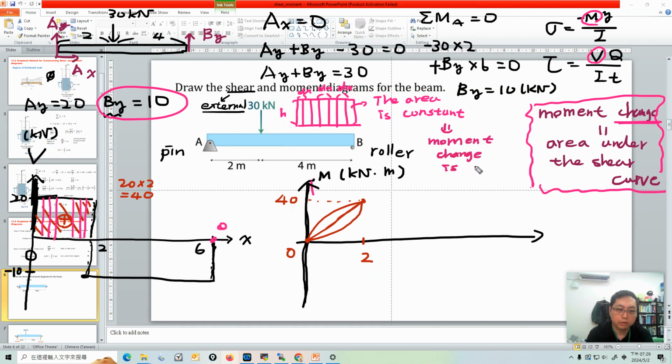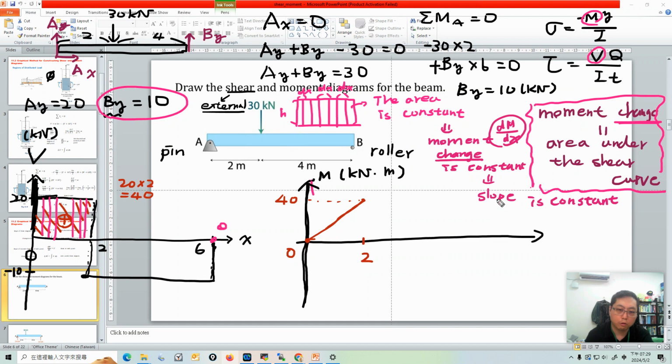And what is the moment change? It's dM over dx, so the slope is constant. So from 0 to 40, the slope is constant, so it is this line. Follow the logic, understand the logic.